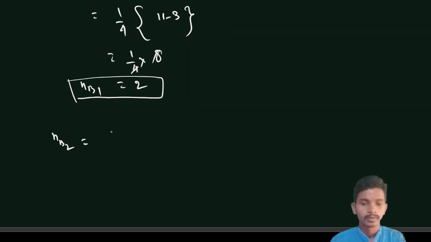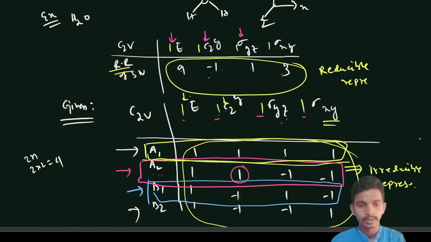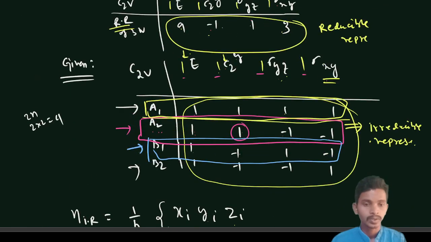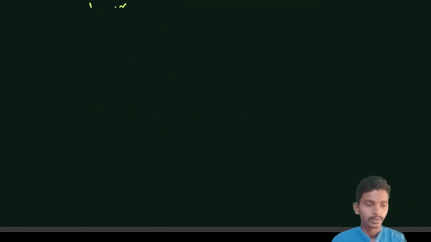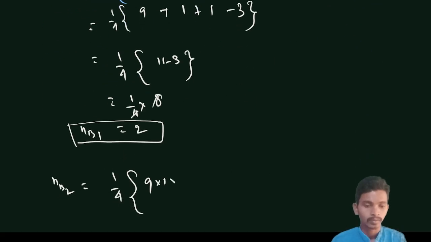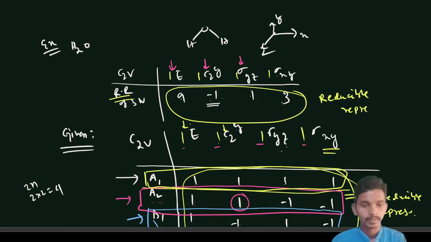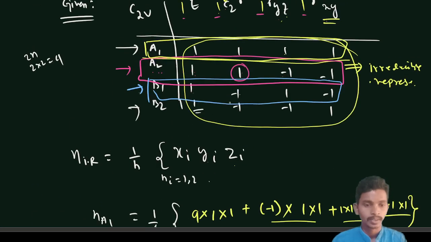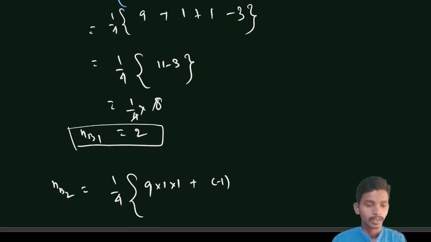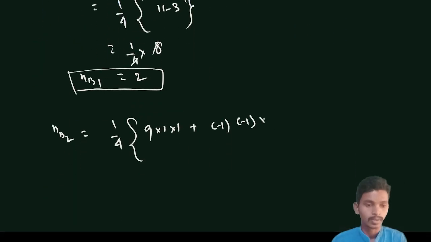nB2. So we take the order of the group times the irreducible representation, that is 9, and because this is 9 always, I will always start from here. So 9, and this is 1. So 9, 1, 1, 1, 1, 2, 1. Plus, and that sigma is minus 1 because this value is always minus 1. And this value is minus 1, so I am putting minus 1, and this is again minus 1. So again minus 1, minus 1 into 1.